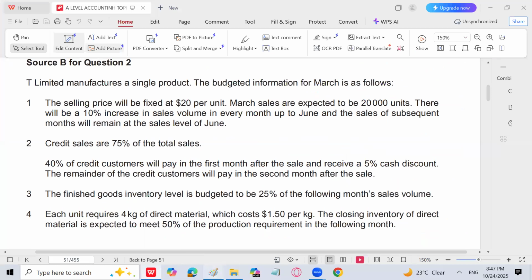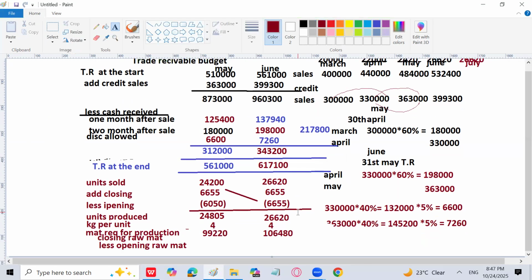You will get the raw material purchases in dollars, as we were doing in the previous question. Right? Now the closing raw material is going to be the next month production requirement, which is 106480 will be the closing raw material. And for opening raw material, we have the opening raw material 6050 units into 4. We will get the opening raw material also, because opening units are there.